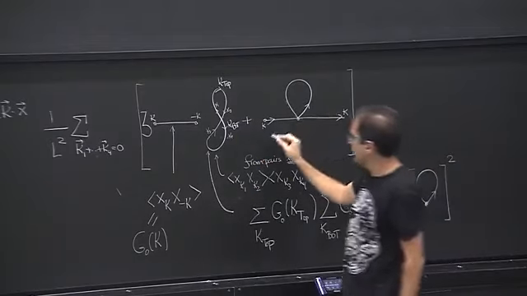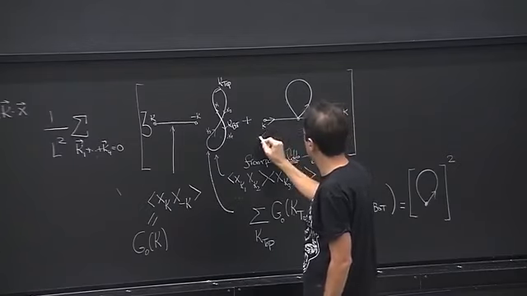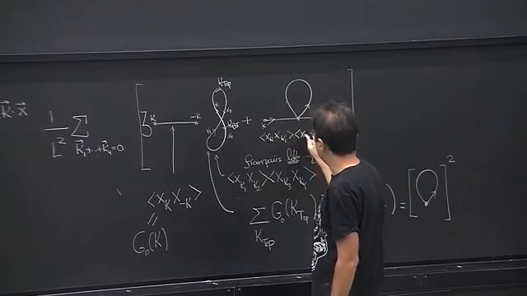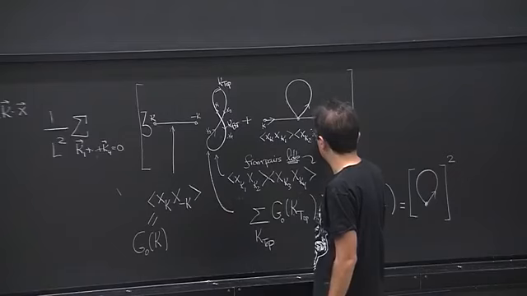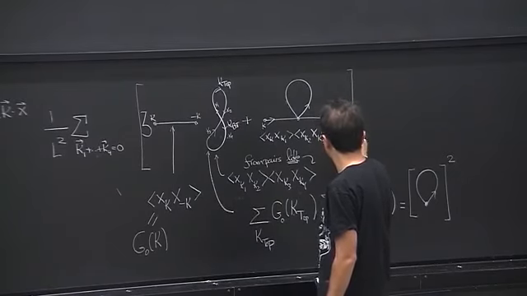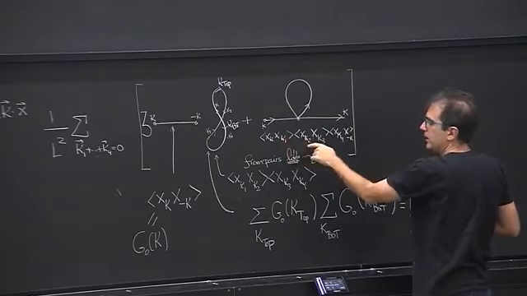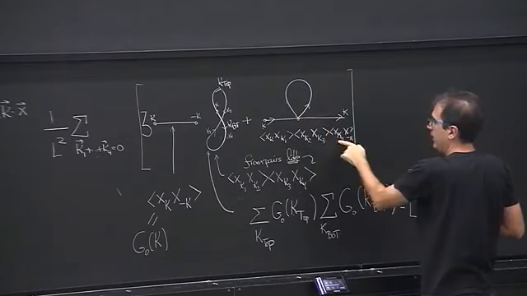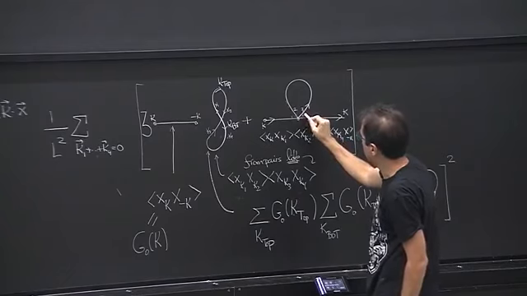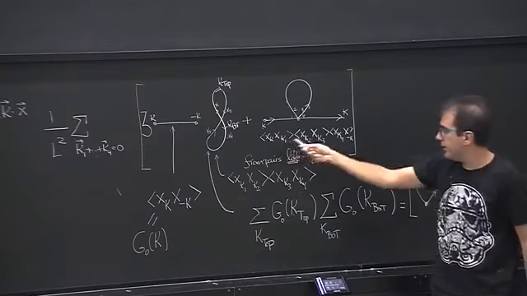So this would come from pairs like xk, and then it could be, for example, k1, and then say k2 could couple to k3, and then k4 would couple with x minus k. So k enters the vertex, then 2 goes to 3, and then 4 goes to minus k. So this would be if the labels here were 1, 2, 3, 4 for these 4 x's here. This would be this pair here.